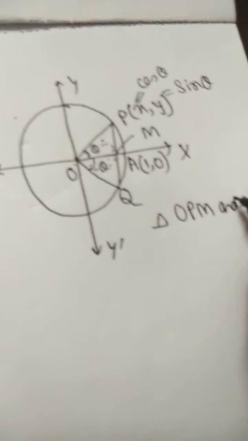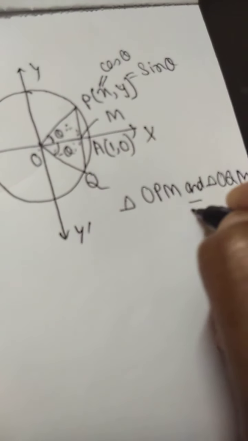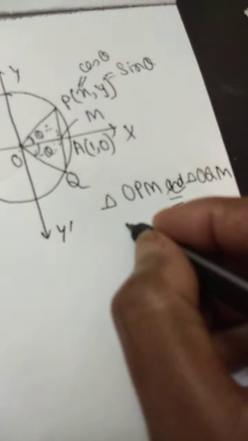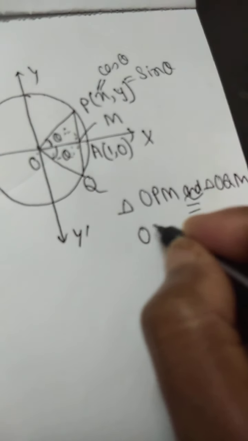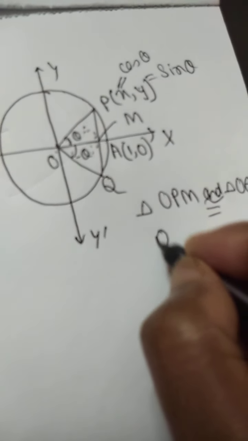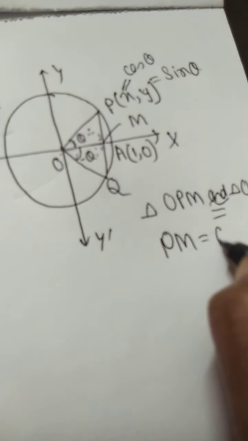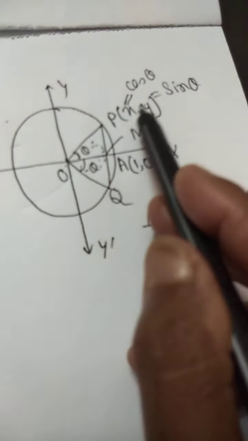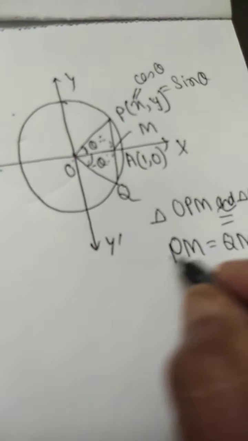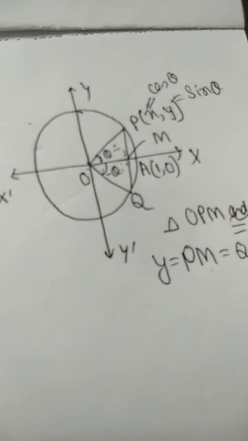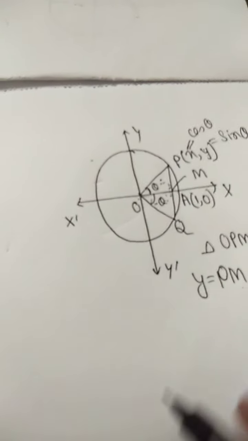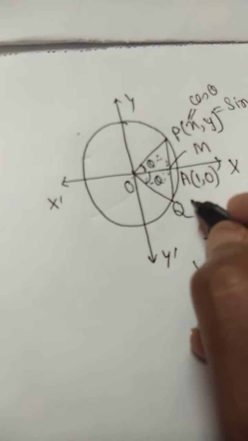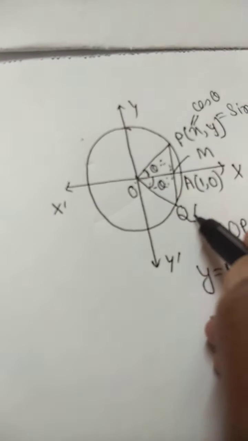Since these two triangles are congruent, PM is nothing but QM. And since the value of PM is y, therefore QM is also equal to y, right?